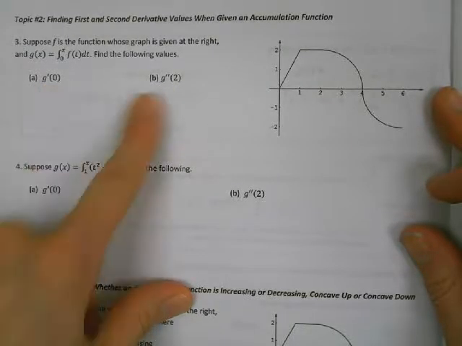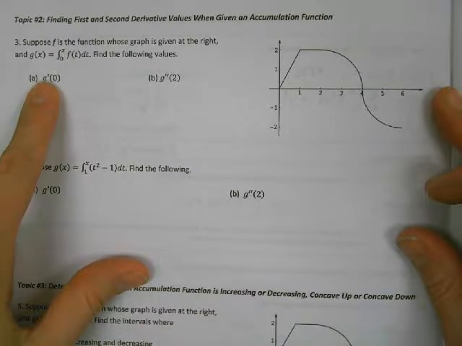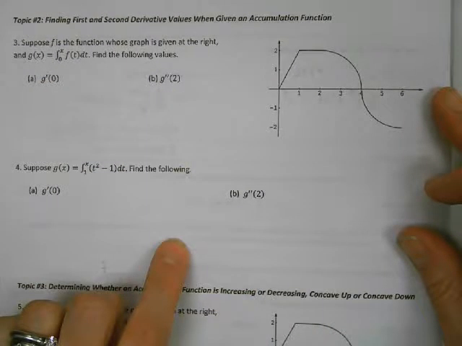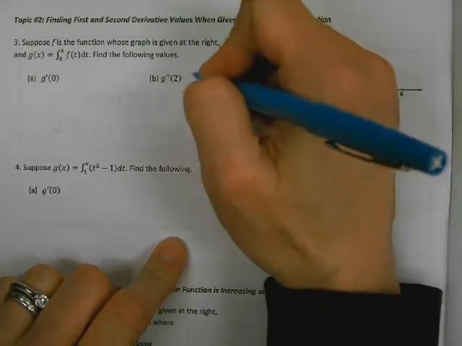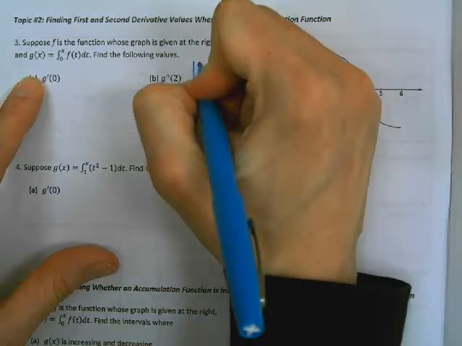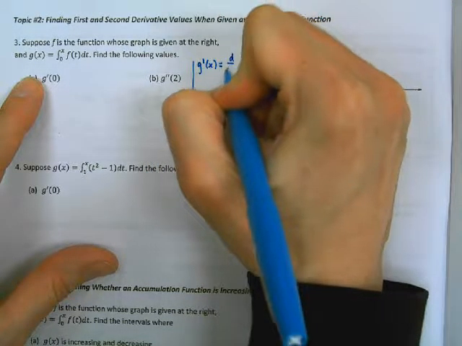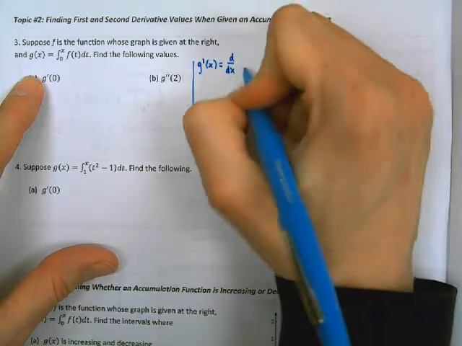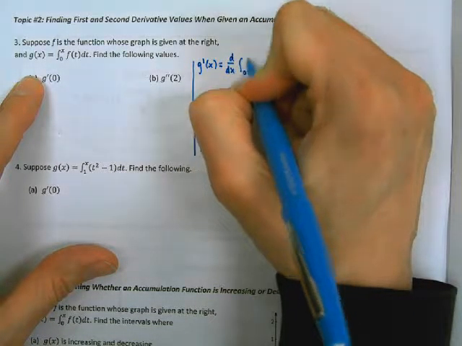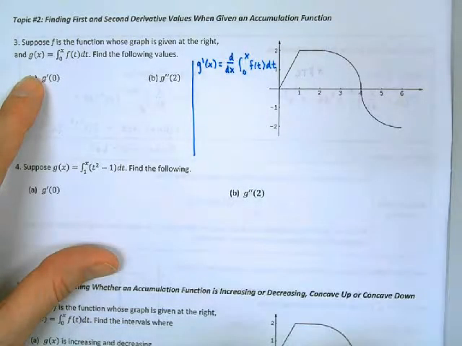So before I jump into specific values, I want to figure out, what's the function that defines g prime or g double prime? I'm going to just use some workspace here. I know that g prime of x is the derivative with respect to x of my integral, 0 to x of f of t dt.